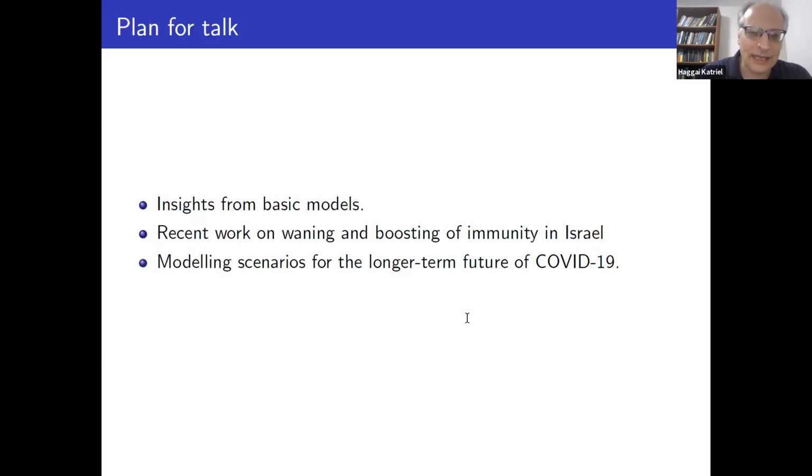Then I'll describe some recent work that we've been doing on fitting models and studying what is happening in Israel. And if time permits, I will talk about thinking about the longer term future, using simple models.